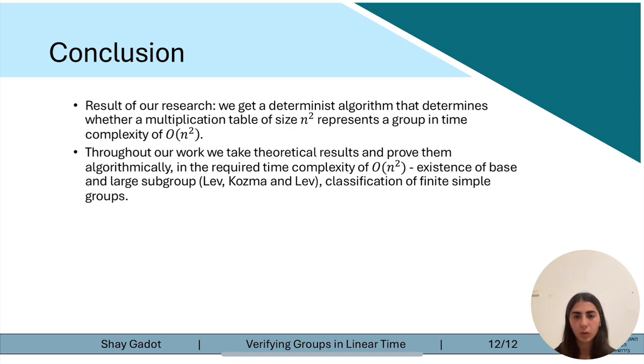For example, we know the existence of a basis and a large subgroup from articles by Lev and Kozma, and we also use the classification of finite simple groups, but we take these results and we bring them into an algorithm.